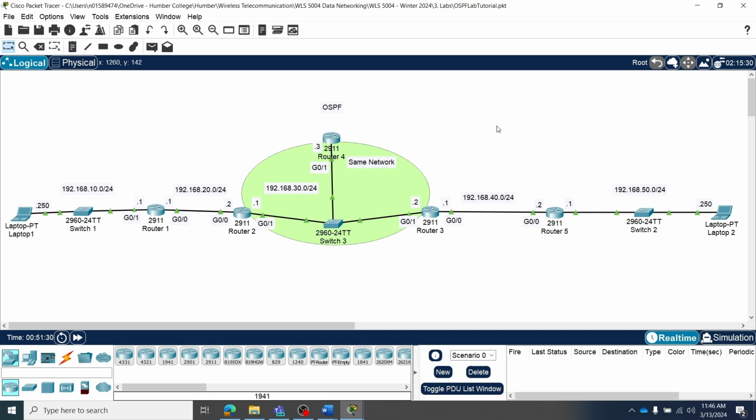Then we also checked the routing table, how the routing table is populated when we configure OSPF from one router to another. And finally we saw each router's routing table is populated with all of these networks, and then we tested again. Laptop 1 can reach laptop 2 using the ping command, and that was successful.